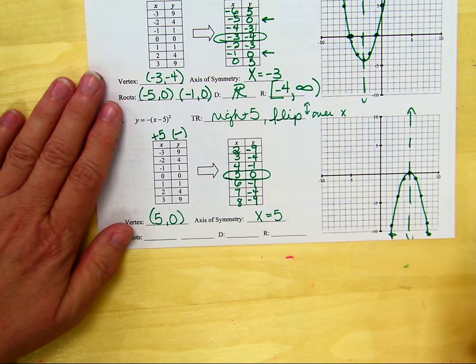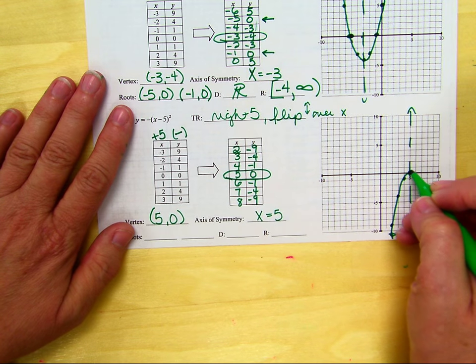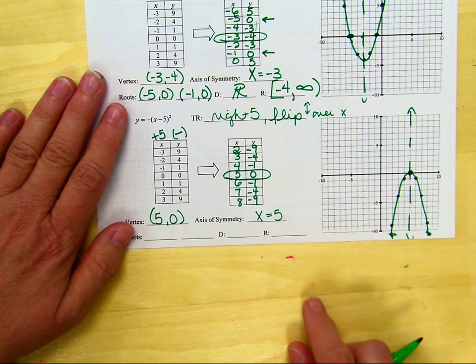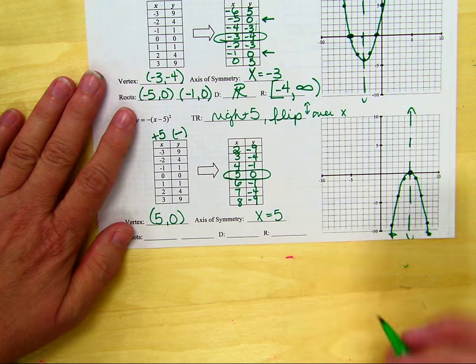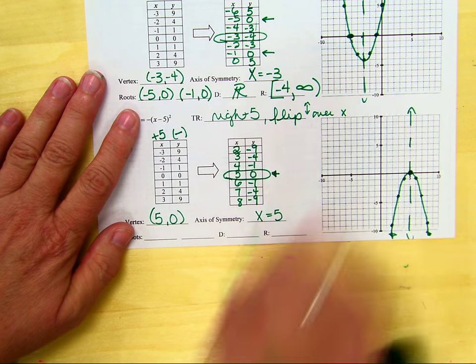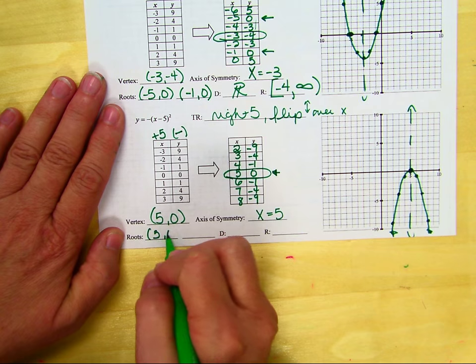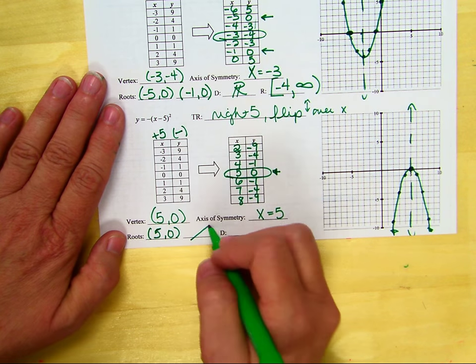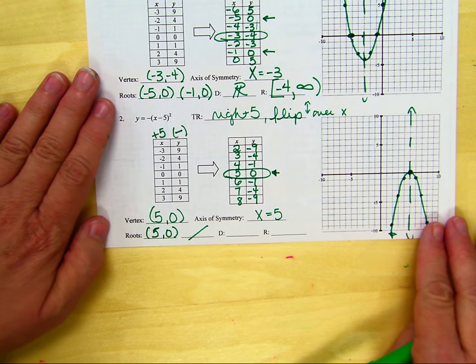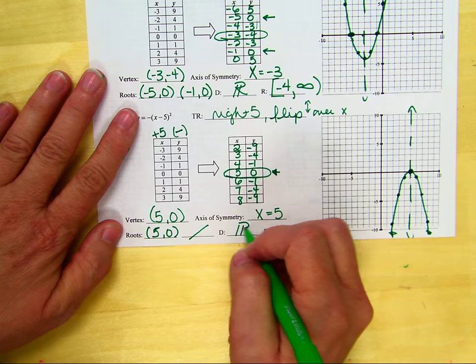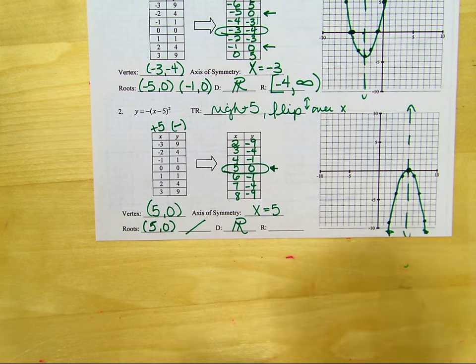Roots, on the graph where it crosses or touches the x-axis. On the table where the y value is 0. So my roots, I've got 5, 0, and that's all. Nothing else. Domain, all real. Range, I still have a lot of people getting the range wrong when it flips.